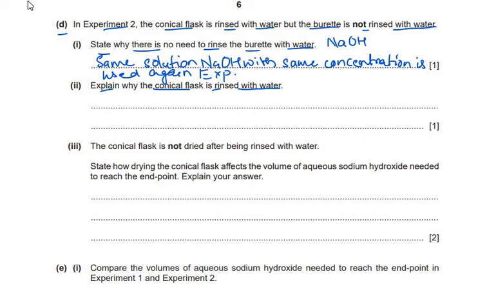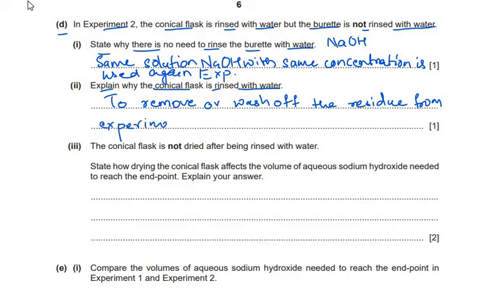So what we can write in short is: to remove or wash off the residue from experiment 1. Residue means all of the substance used in experiment 1. We need to remove it before we start experiment 2.